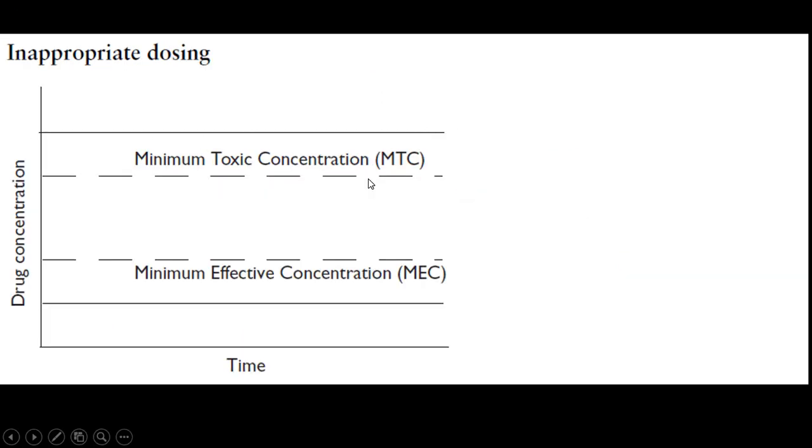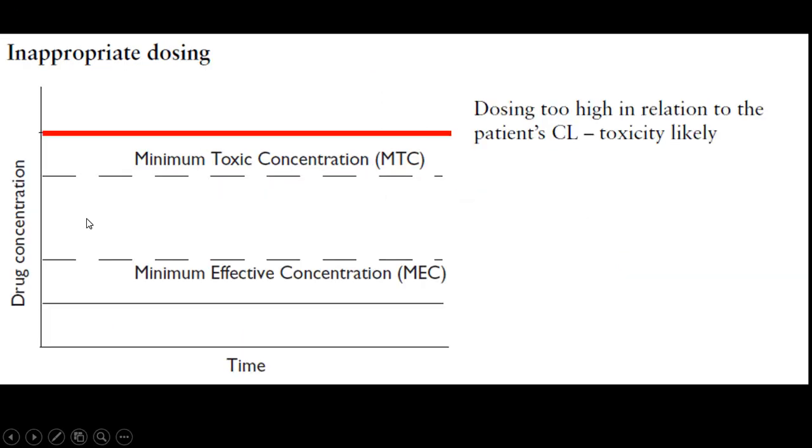So what is inappropriate dosing then? Inappropriate dosing is when the dosing is too high, above the minimum toxic concentration, the minimum tolerable, okay kind of toxicity.